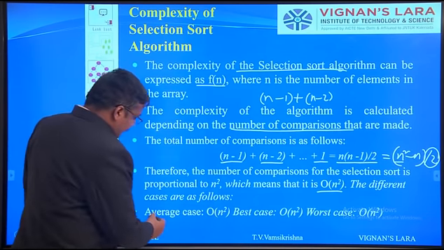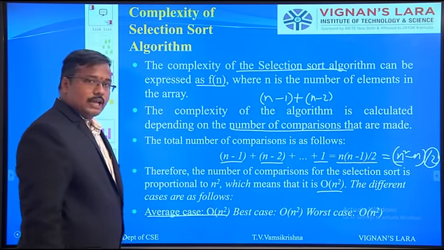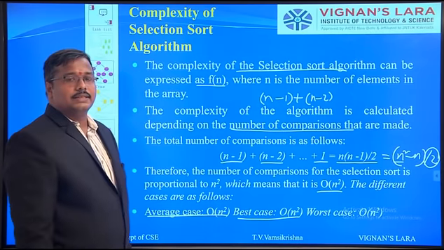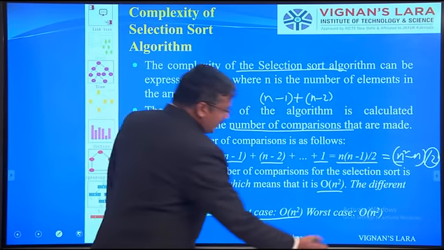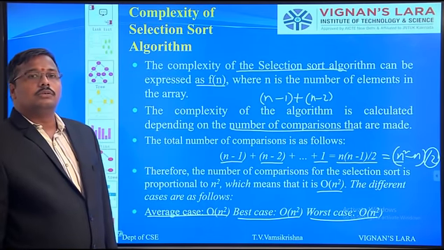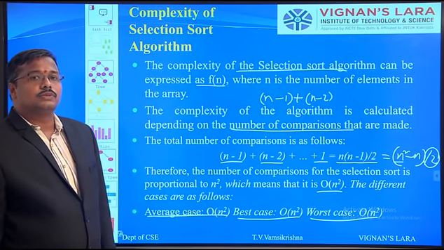Similarly, the average case time complexity is big O of n square, the best case time complexity is big O of n square, and the worst case time complexity is also big O of n square. Why n square?